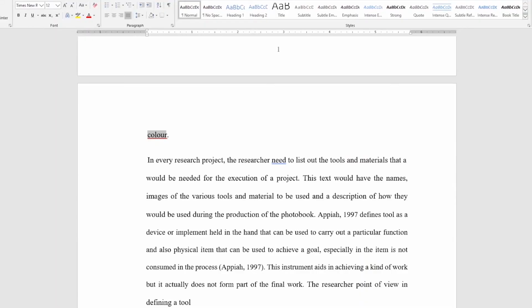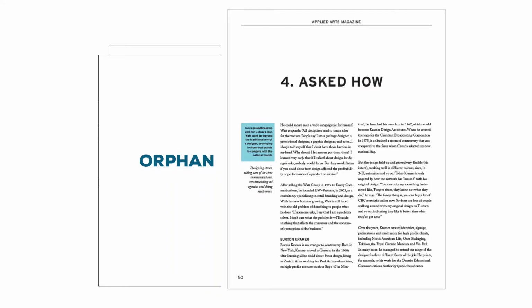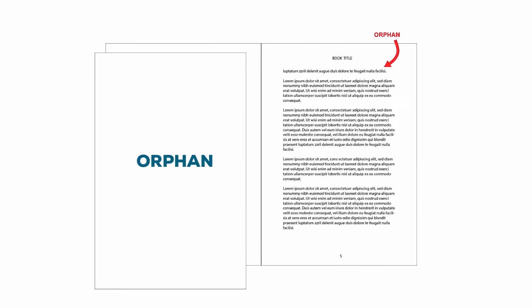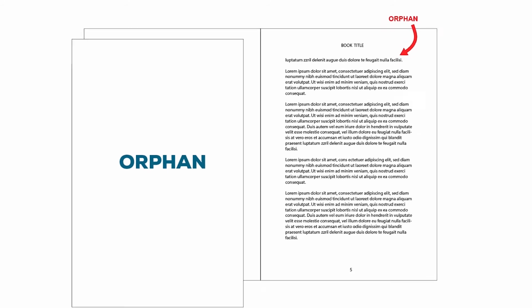2. An orphan. This is also another text layout problem in typography. Here we have just a letter or a character starting a paragraph or starting a particular page, or a word that is starting a particular page or ending a particular paragraph.